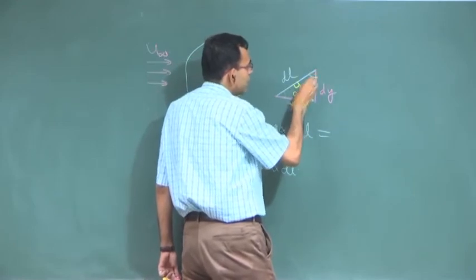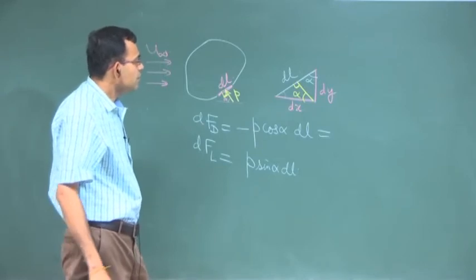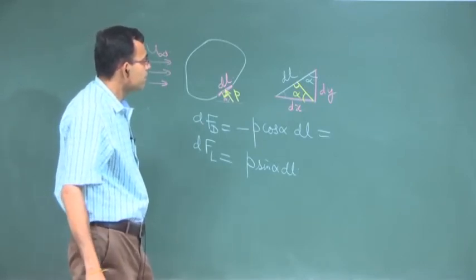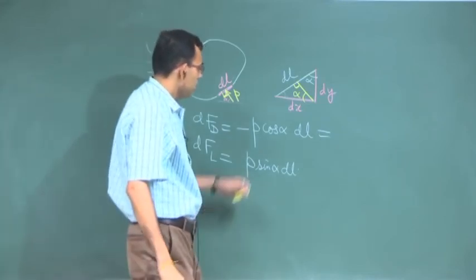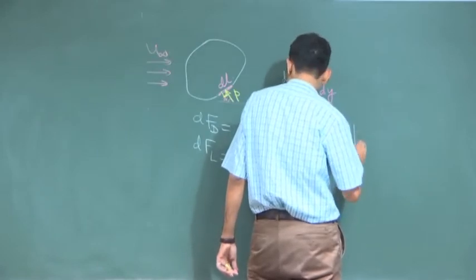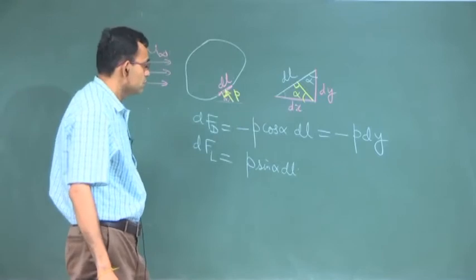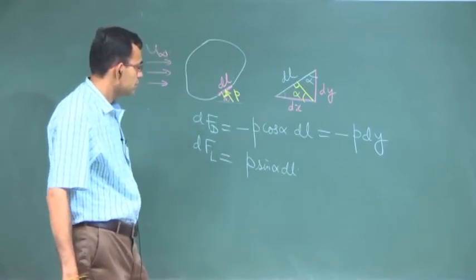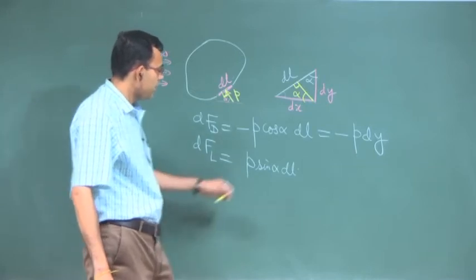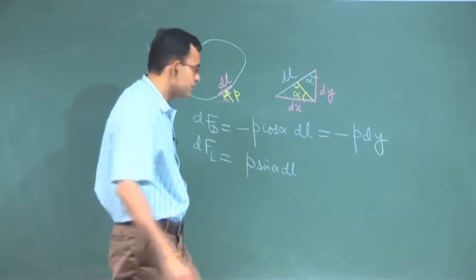So, this is alpha, right. So, dl cos alpha is nothing but dy. And dl sin alpha is nothing but dx, right.